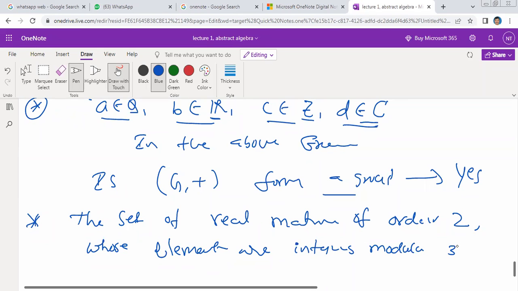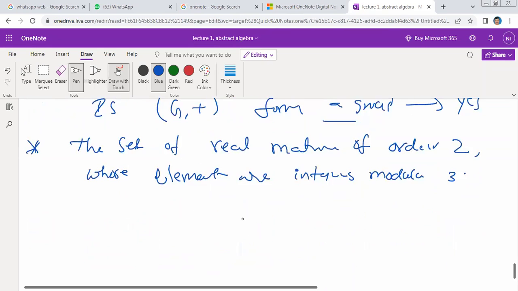Does it form a group with respect to addition modulo 3?